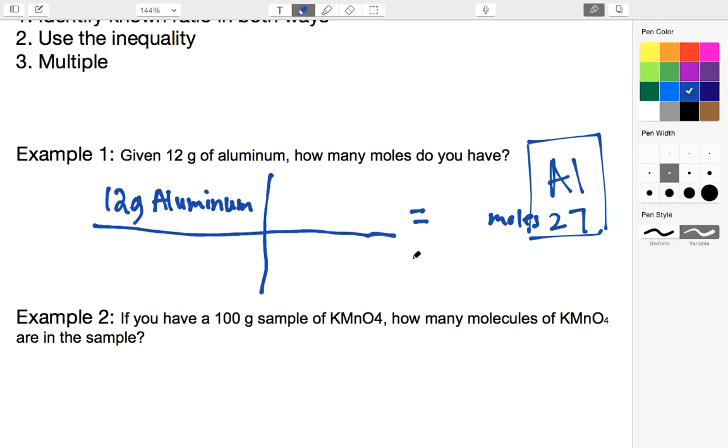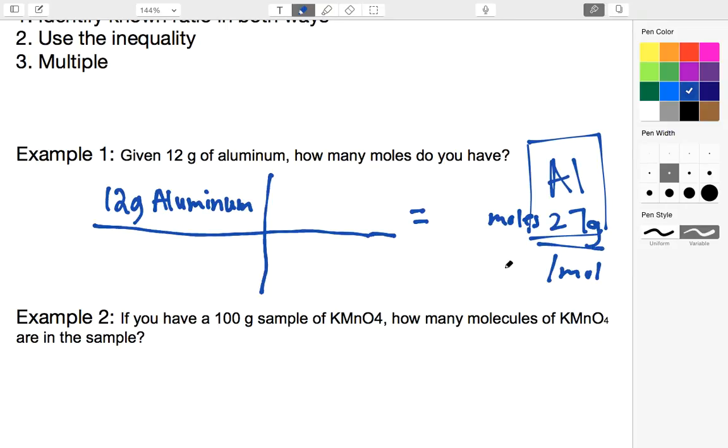Here, I need to find something that connects grams to moles. And if you remember on your periodic table, aluminum's molar mass is 27 grams for every 1 mole.